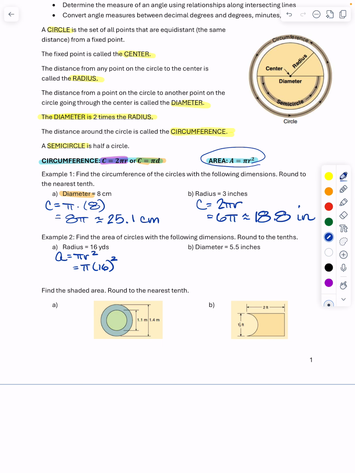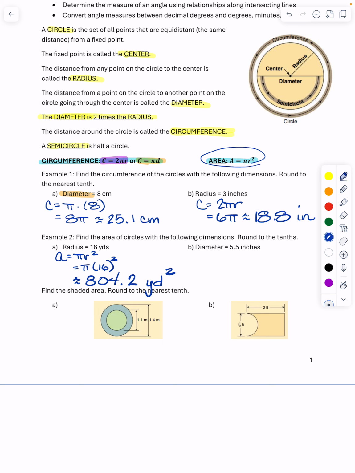So 16 times pi is what we are entering into the calculator. And we get 804.247. Again, we are rounding to the tenths, 804.2. Because it is an area, because we squared the yards in the radius, our answer is in terms of square yards. So 804.2 square yards.